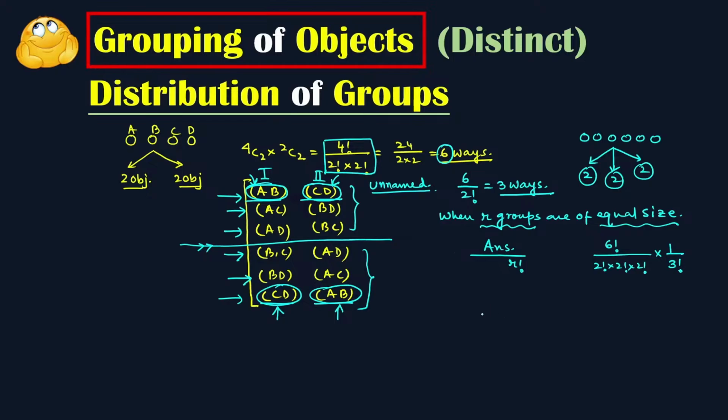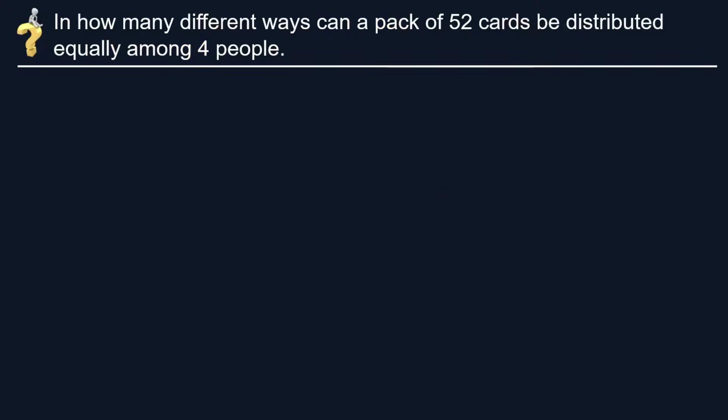Let me take some illustrations to understand this concept more clearly. See this question. In how many different ways can a pack of 52 cards be distributed equally among 4 people? Okay, distribution I will come to later on. First, these 52 cards are to be divided into 4 equal parts.